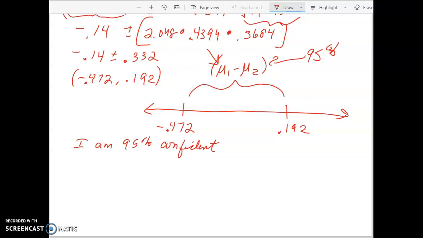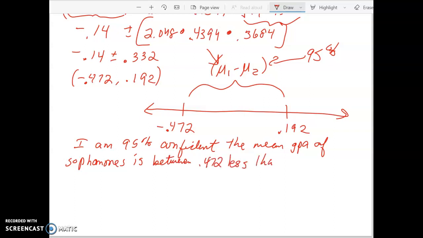So we're going to say I'm 95% confident that the mean GPA of sophomores, that's number 1, population 1 is sophomores, is between 0.472 less than and 0.192 more than the mean GPA of juniors.